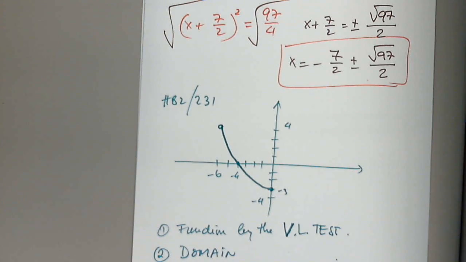Okay, so let's see how we determine the domain. I see that the leftmost point of this graph is -6, 4. However, it's an open point. It does not look like this one, which means the graph over there does not exist.